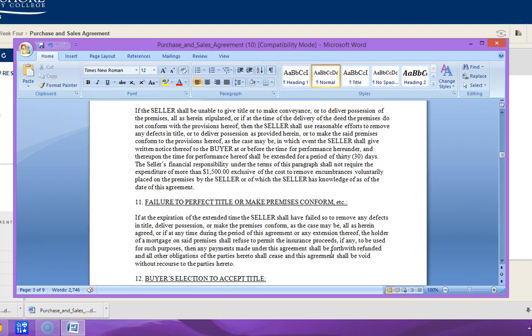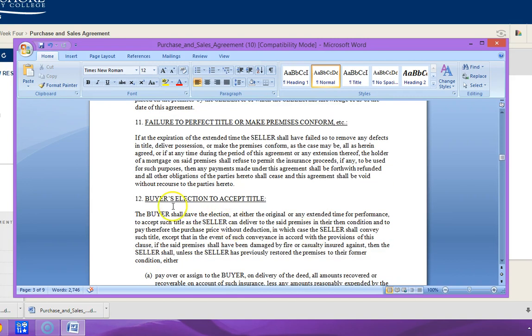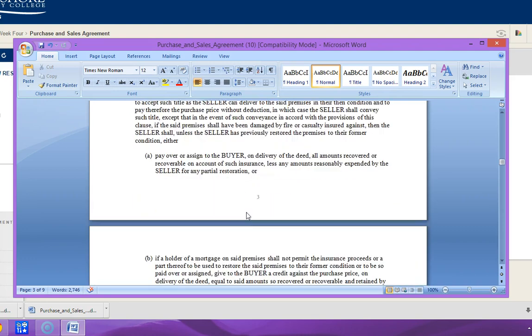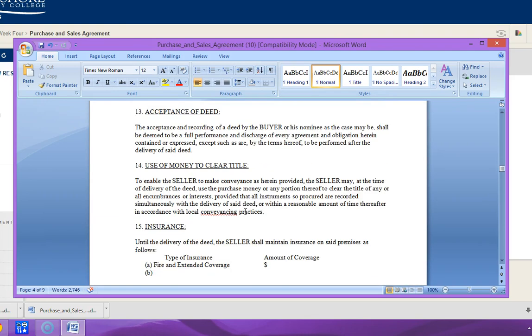If after that time the seller still can't remove the defects, then the buyer gets his deposit back and the agreement is canceled, unless the buyer elects to accept the title or the premises as is, right?